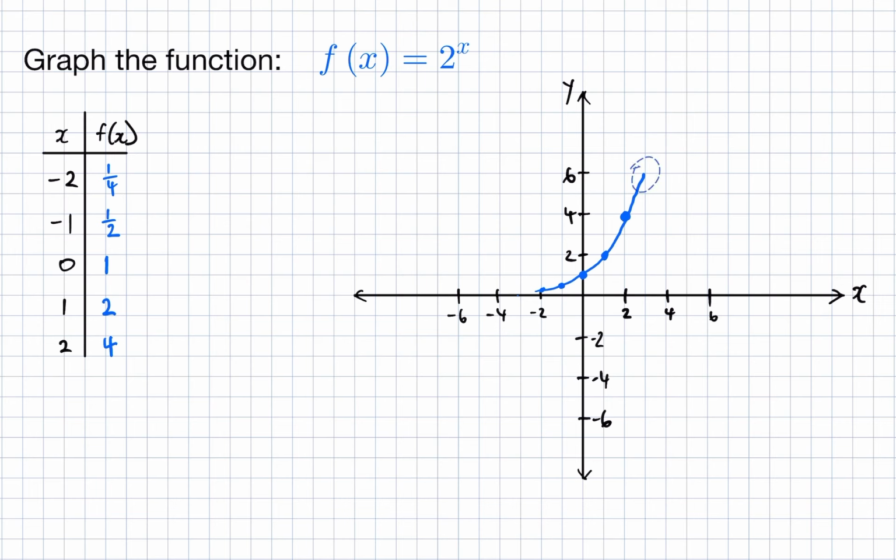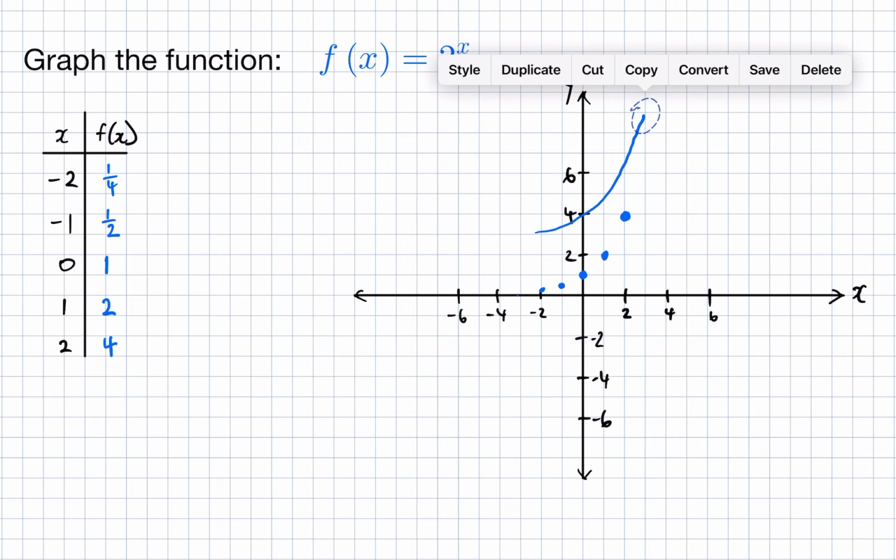Let's say 1, 2, 3 intervals. My reference point here is this right here. So we basically took it from 0, 1 and we moved it up to 0, 4.